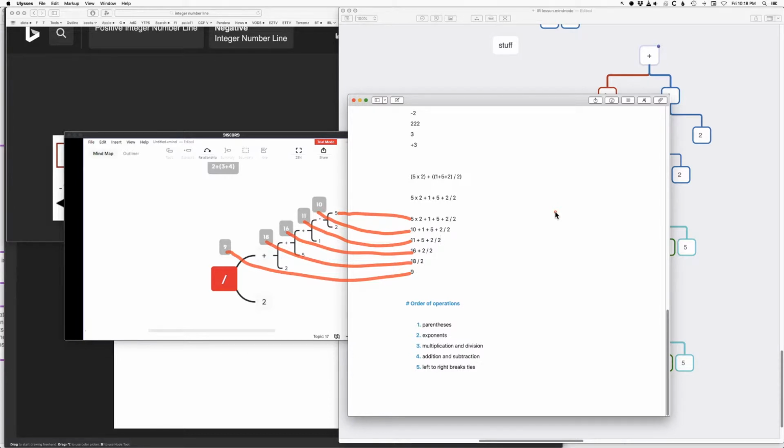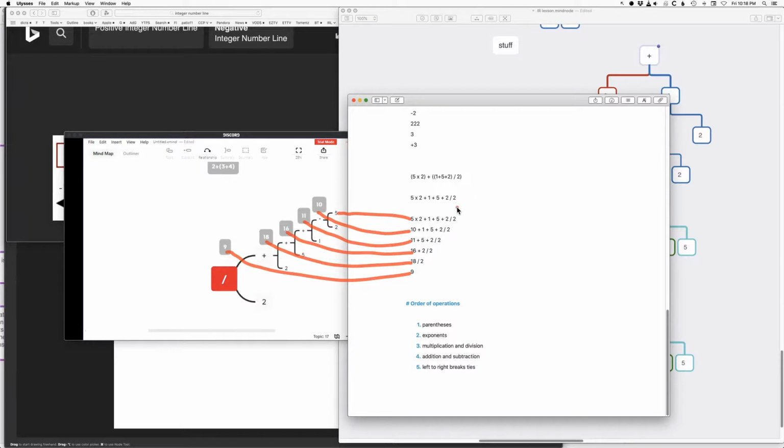Okay. So it helps you see how the tree and the regular written out math are equivalent. Like you can see the connections between how they're doing the same thing. Yeah. That makes sense. You can see the same thing in a different format.